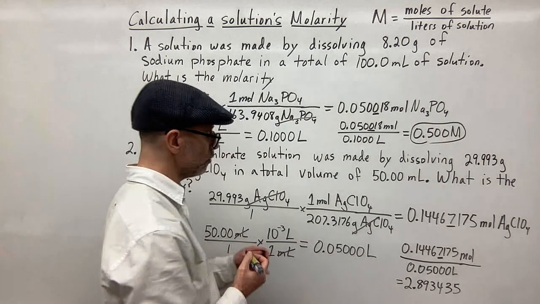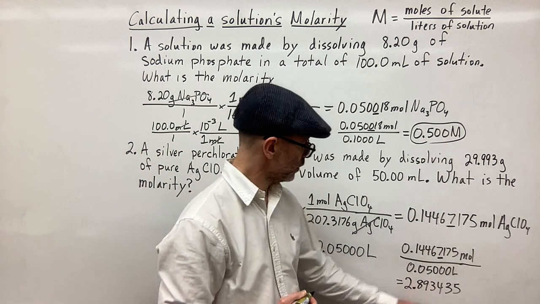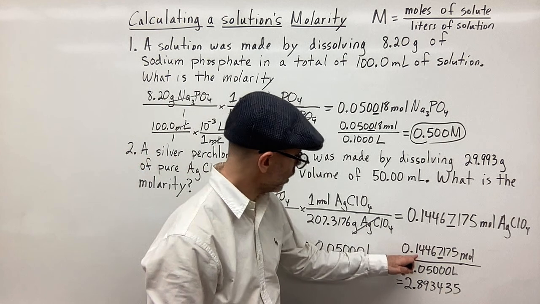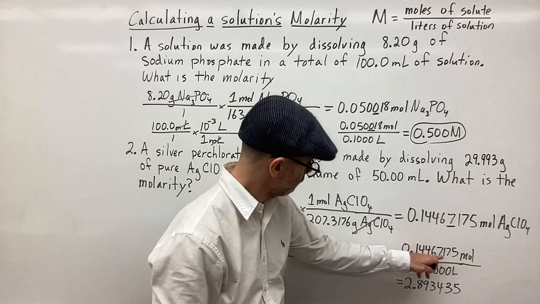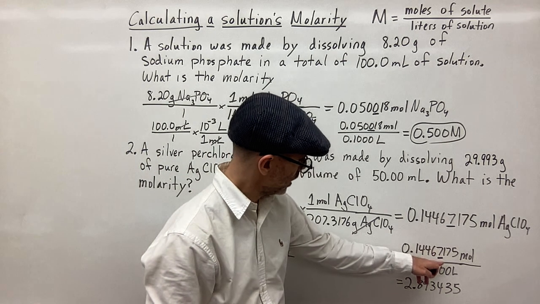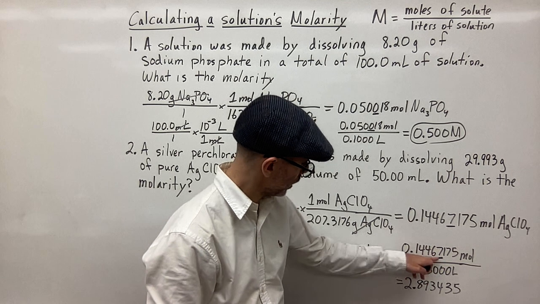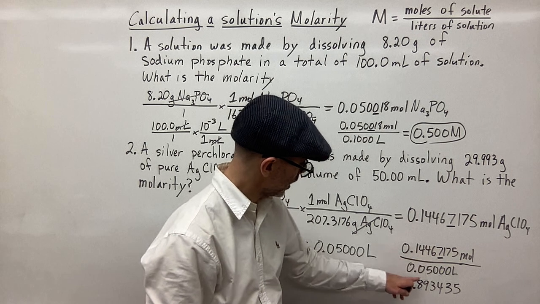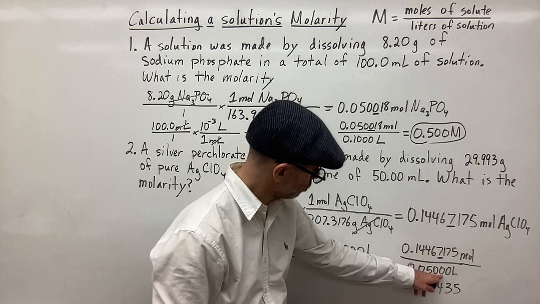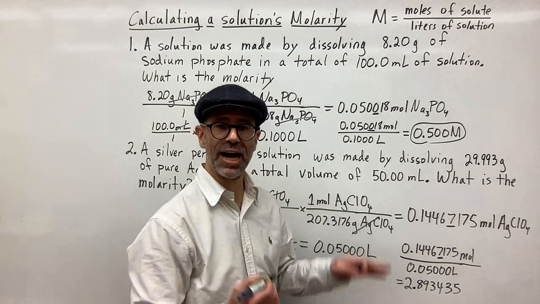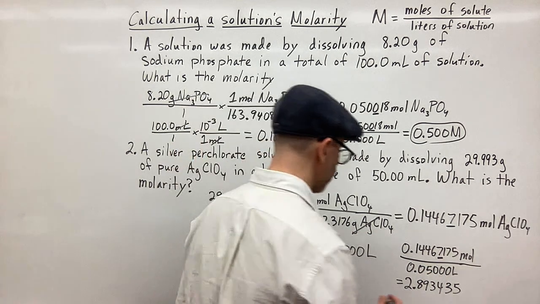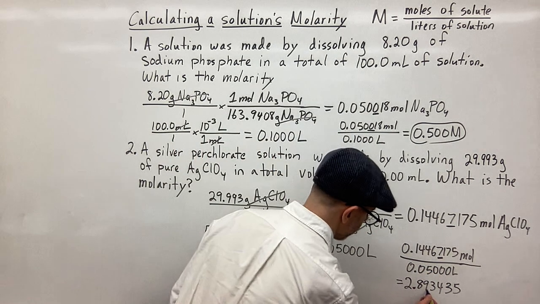Okay, so now what's the number of sig figs we can keep? So here we have 1, 2, 3, 4, 5. We have to stop there because that's the end of our sig figs. So we have 5 sig figs here, and here we have 1, 2, 3, 4. So 4 is less than 5, so we need to keep it to 4. So 1, 2, 3, 4.